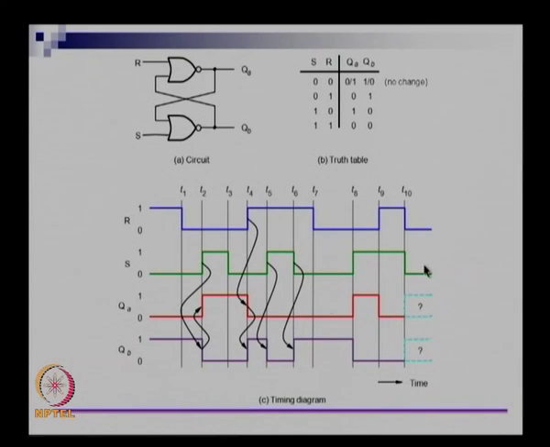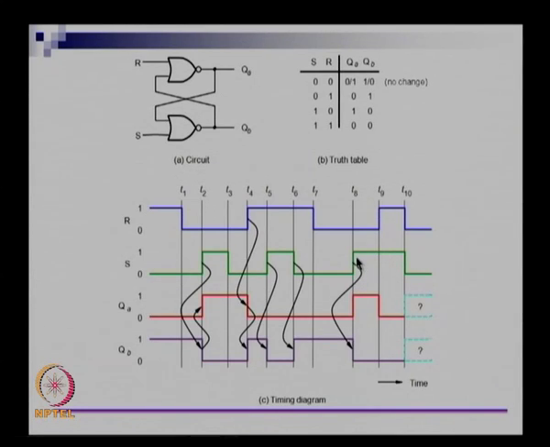Finally, now let us move to step T7. So at T7 R is pulled down to 0, so both R and S are 0. So from T7 to T8 you will see that QA and QB will keep their old values, QA at 0 and QB at 1. Let us now assume that at time t equal to 9, S became 1.